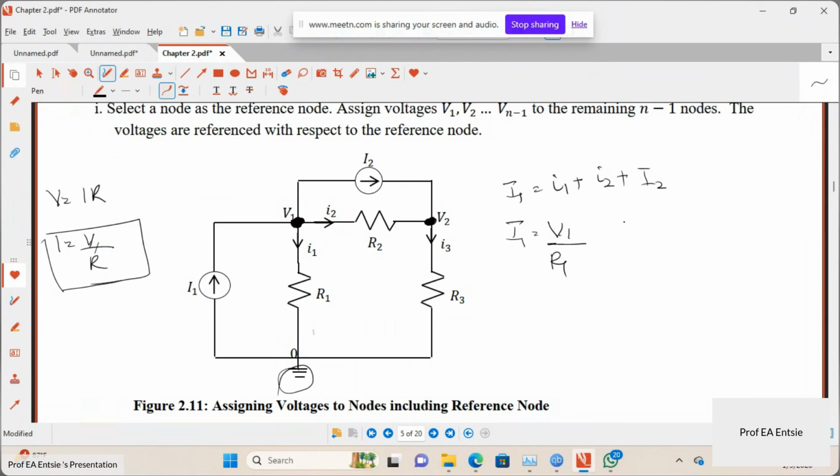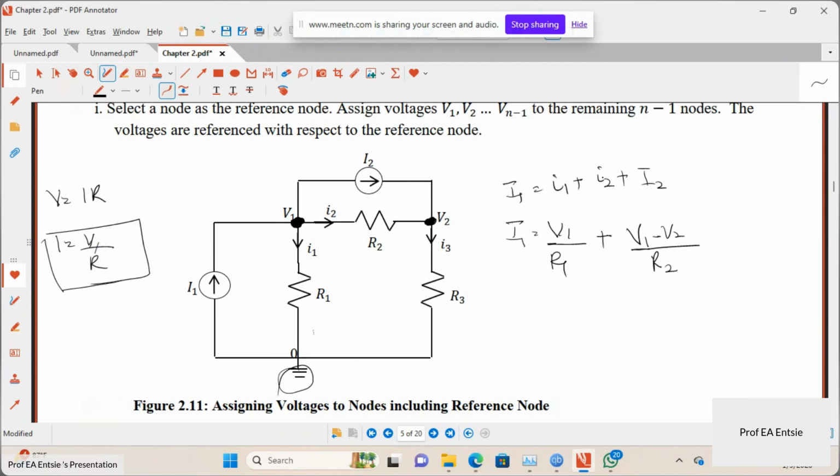Then if I want to find small I2, that will be the change in the voltage, because I2 is moving from a higher potential to a lower potential. Don't forget, current flows from higher potential to lower potential. V1 is the higher potential and V2 is the lower potential. So that will be V1 minus V2 all over R2, because V over R gives you current.